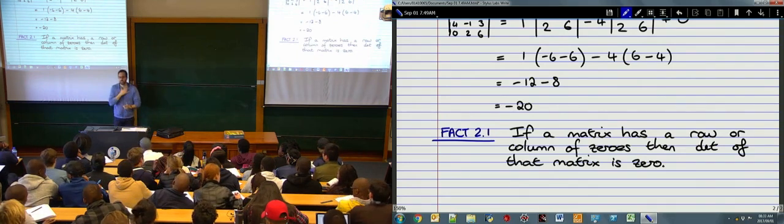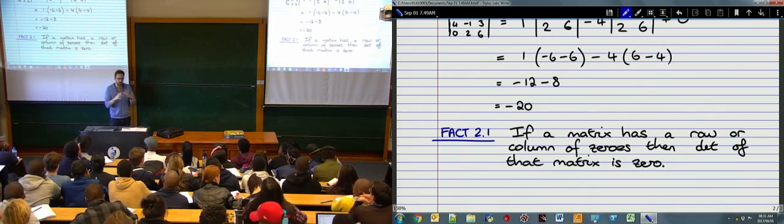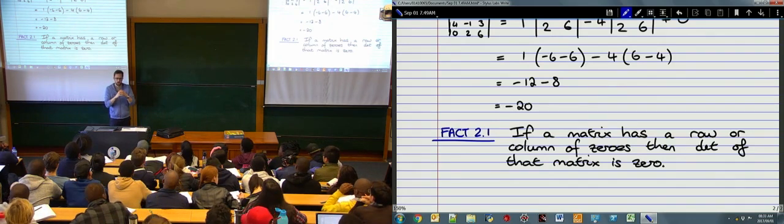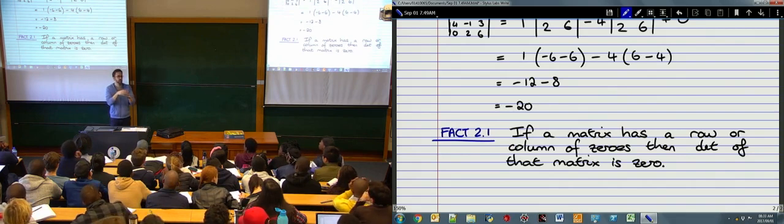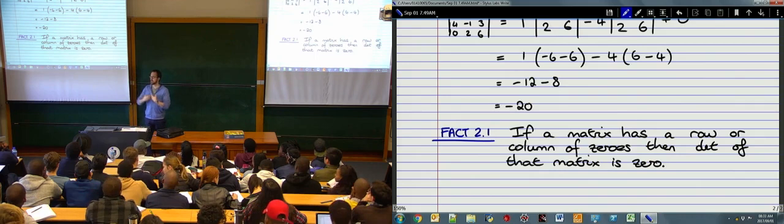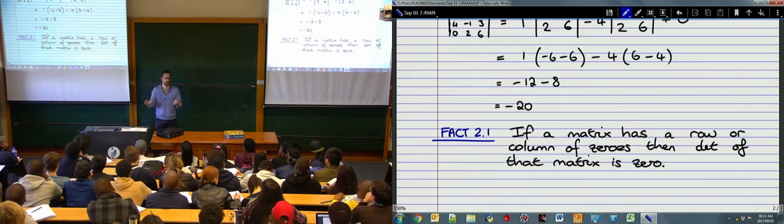Yeah. So what we'll see in the next couple of days is that one way of interpreting the determinant is that the determinant tells you about the volume of a unit ball after it has been transformed by that matrix. So if you have a 3 by 3 matrix, that represents a transformation from R3 into R3.